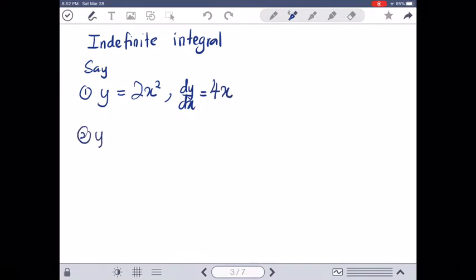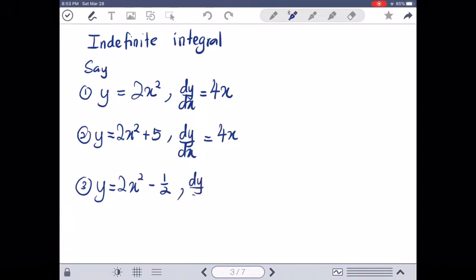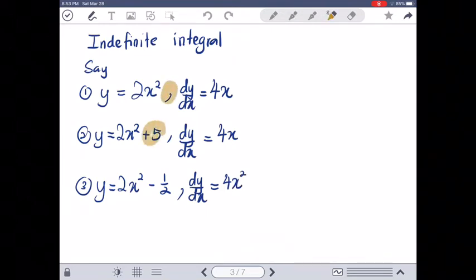Say we have one more example, y equals 2x squared plus 5. Hence dy over dx is still 4x. If we have y equals 2x squared minus 1 over 2, still dy over dx will equal 4x. So no matter what the constant is, when we differentiate this function, we will get the same result.